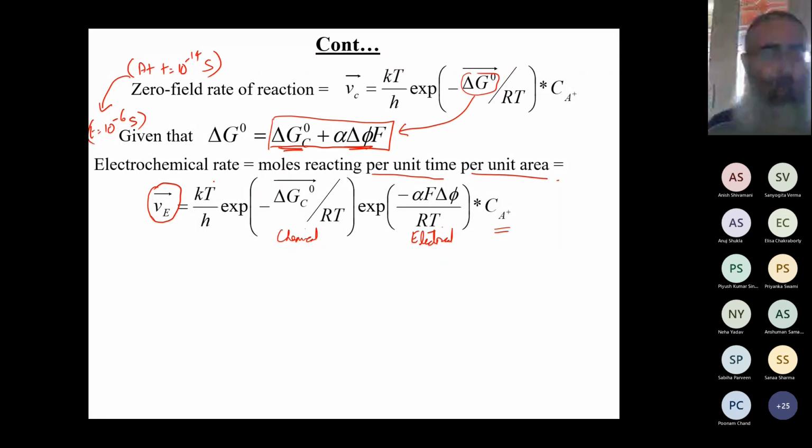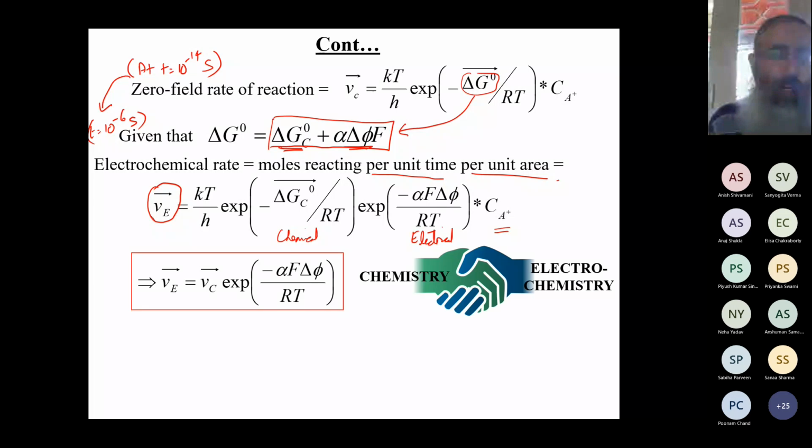So kT by h exponential minus delta G naught C by RT is nothing but the chemical rate. Here we are writing nu E in terms of nu C into the electrical contribution.